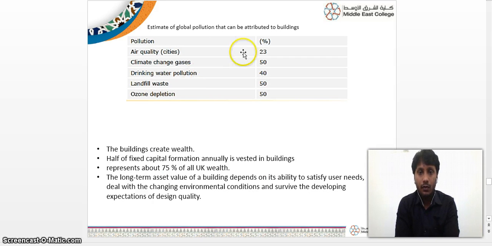This is an estimate of global pollution that can be attributed to buildings: air quality, climate change, drinking water, landfill waste and ozone depletion. Buildings create wealth. Half of fixed capital formation annually is vested in buildings. The long-term asset value of buildings depends on their ability to satisfy user needs.